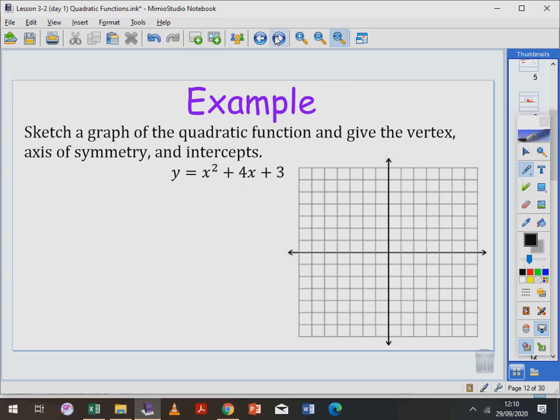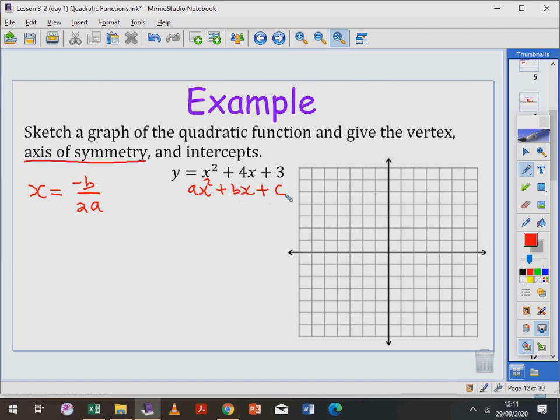So if I want to sketch this one, the two points I need: one, the axis of symmetry, where the x value is negative b over 2a. So I go to my equation and ask myself, what is the value of a, b, and c, by comparing it to the general form of a quadratic equation.